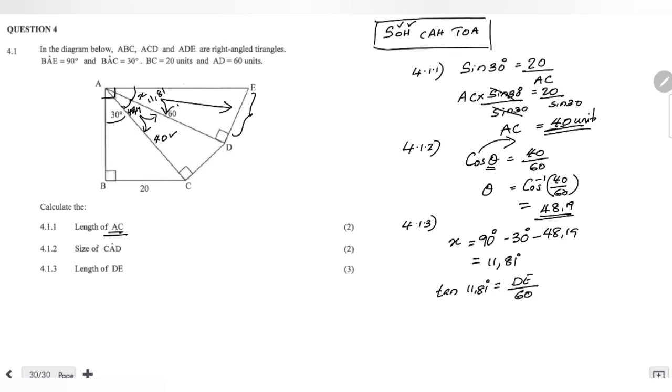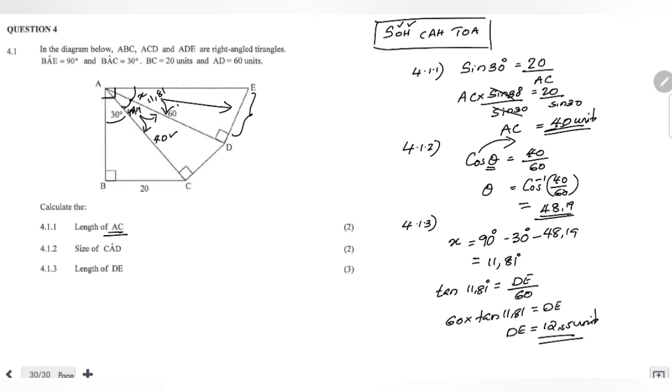Okay, so we can find the value of DE by multiplying both sides by 60. That is 60 times tan 11,81 is equal to DE. When you do that one, the length of DE is going to be 12,55 units. So this is how we do this question.